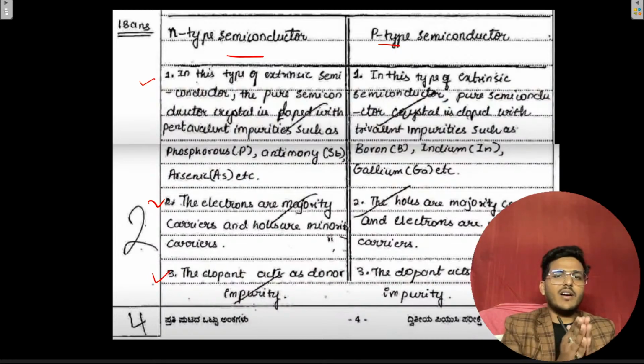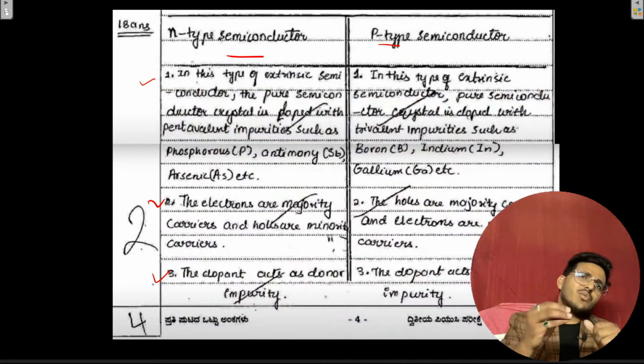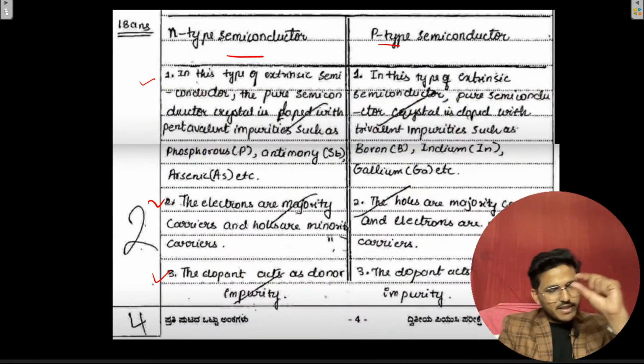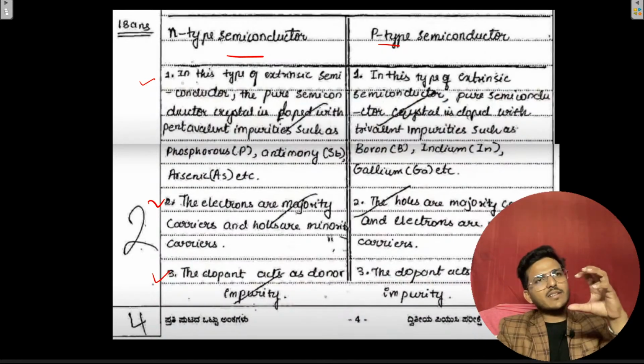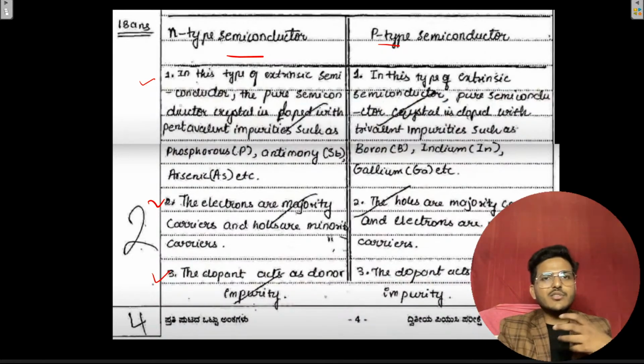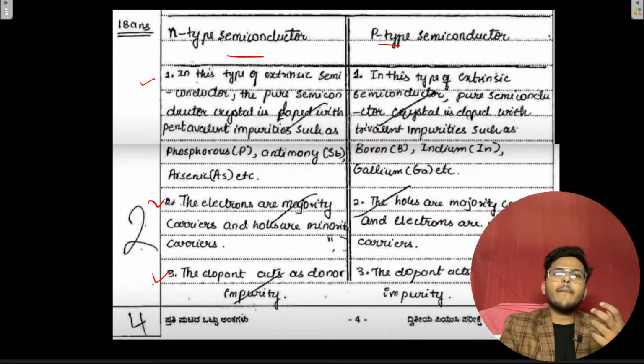Just avoid a long theoretical answer. If you have a long theoretical answer, divide it into some points. That's why it's easy to read, easy to check, and it's a better representation.